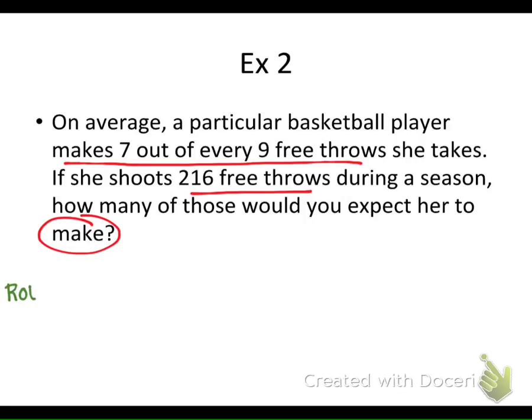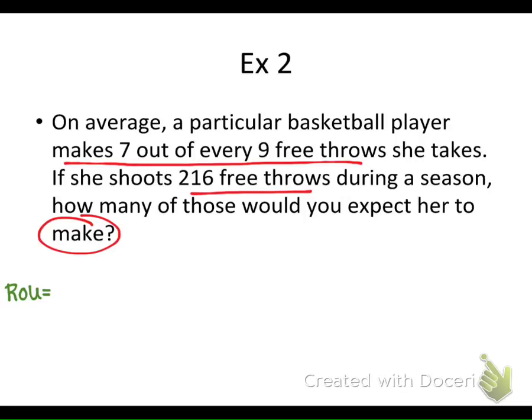ROU stands for ratio of units. So what are they talking about? What 2 units or what 2 items or objects are they comparing here? Free throws shot, right? And free throws that are made.